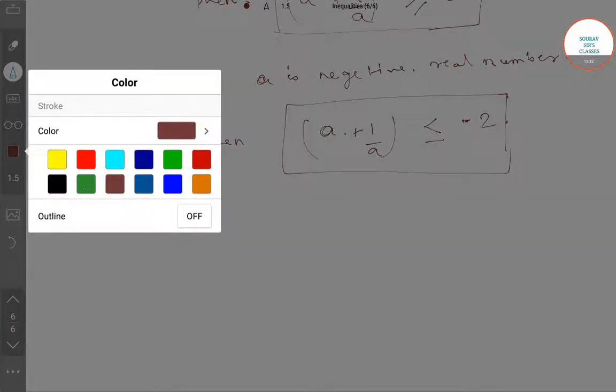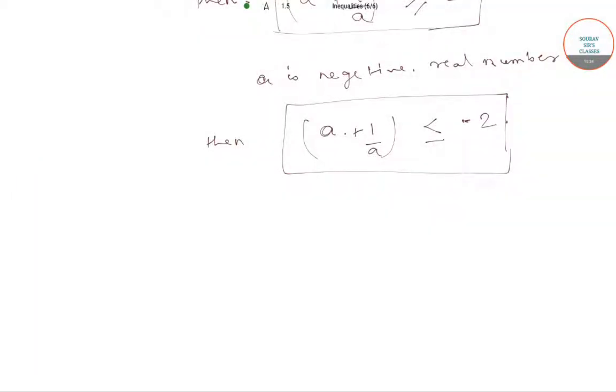Now next is property number 17. It states that mod of a plus b is less than or equal to mod of a plus mod of b.